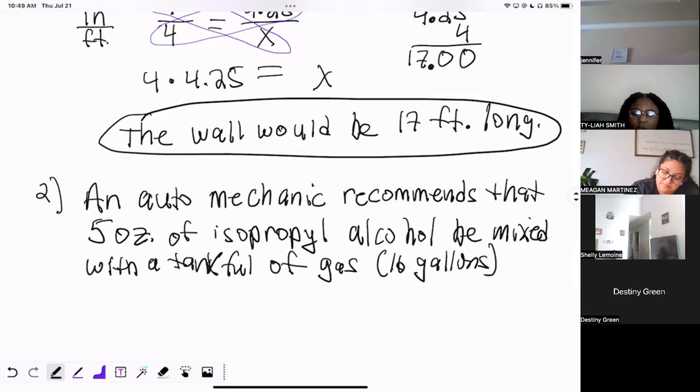You have to know the tank size because every tank is different.